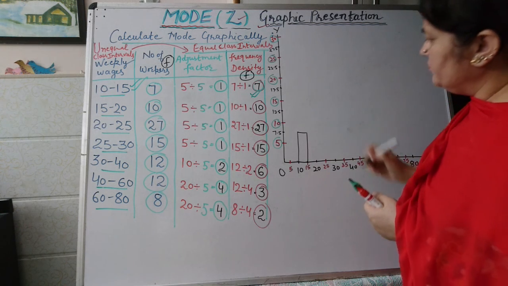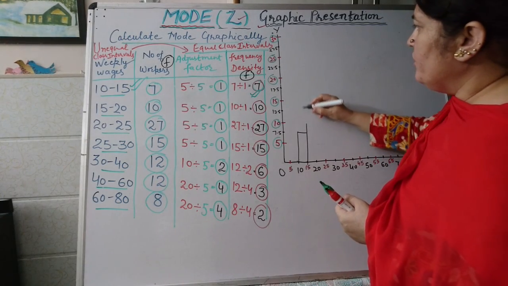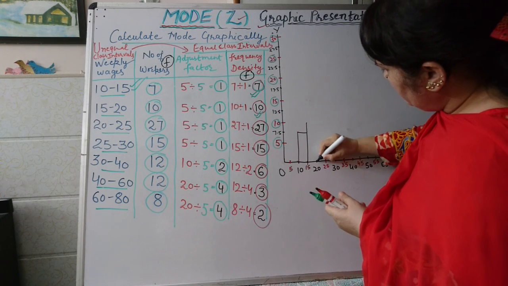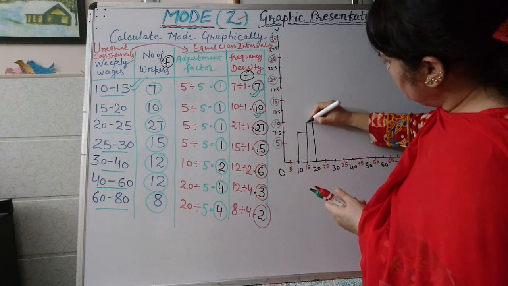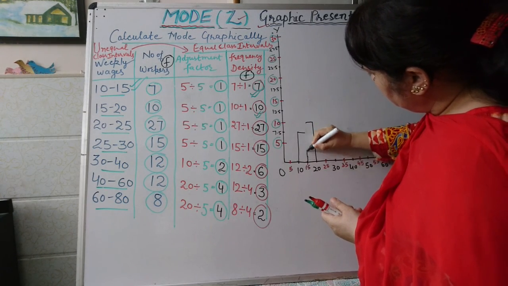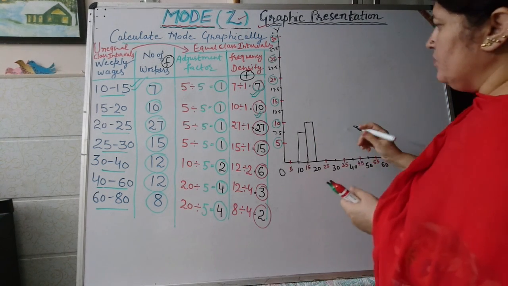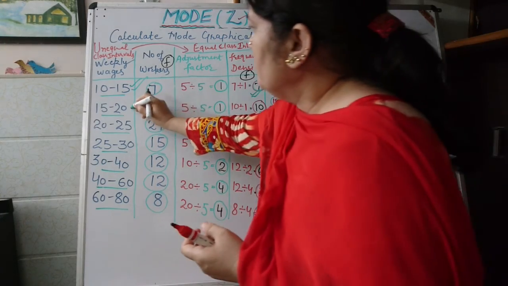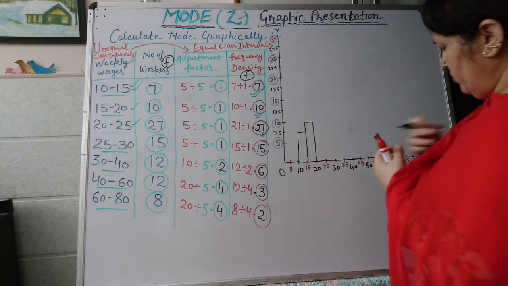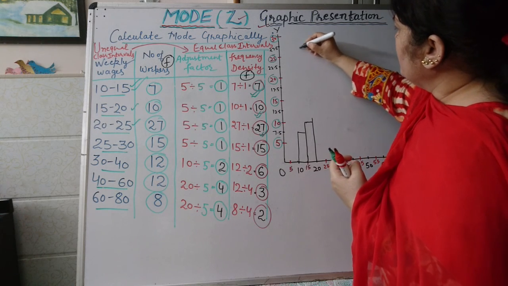Then 15 to 20 and frequency is 10. Then next class interval 20 to 25 and frequency is 27.